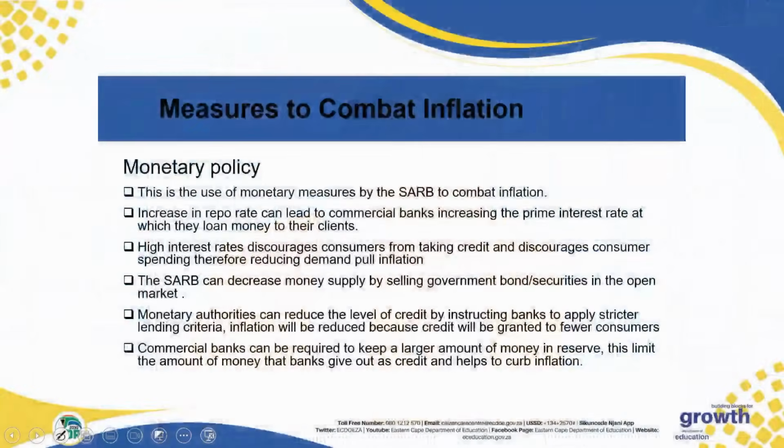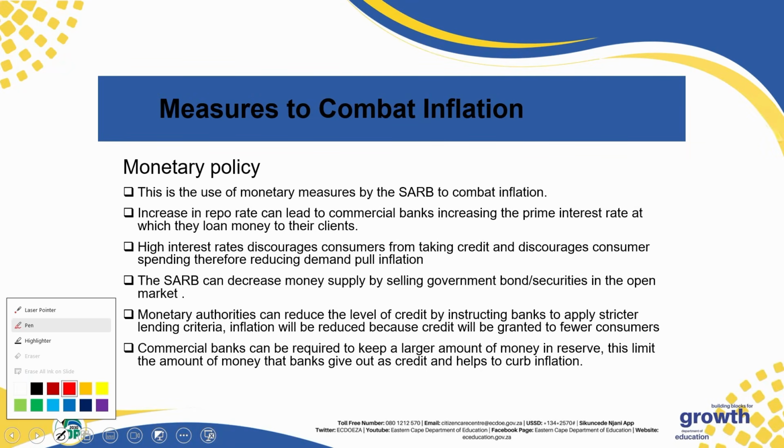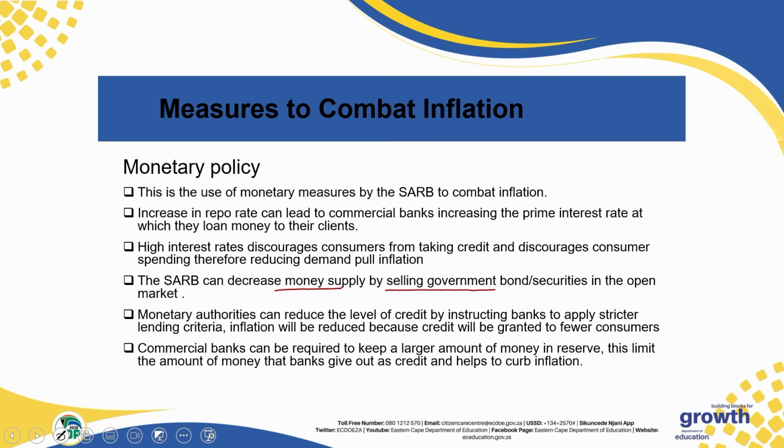The South African Reserve Bank can also decrease the money supply by selling government bonds or securities in open markets. When SARB sells securities to banks, money flows out of the banking system to the South African Reserve Bank. Banks are left with little money to lend to consumers.